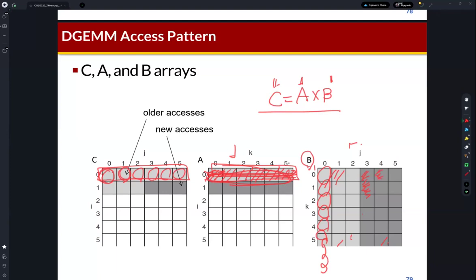And then when this column is requested, the column 1 can also be evicted because the cache size is small. So what does that mean? For the next row, we also request this column for computing this element, but this column is already evicted from the cache.